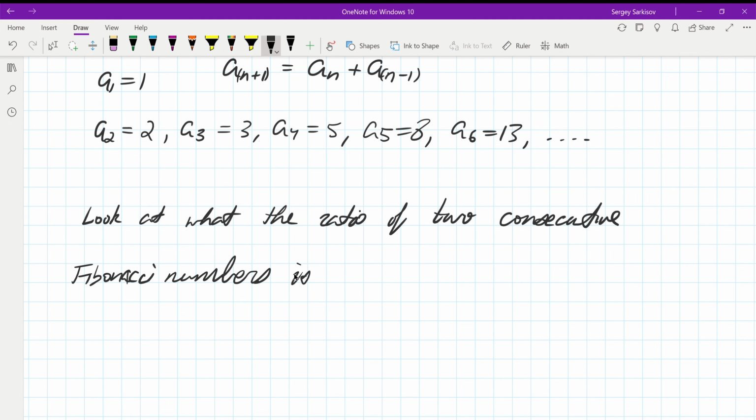You can see there's a pattern, it's like 1.6 whatever, and watch this.